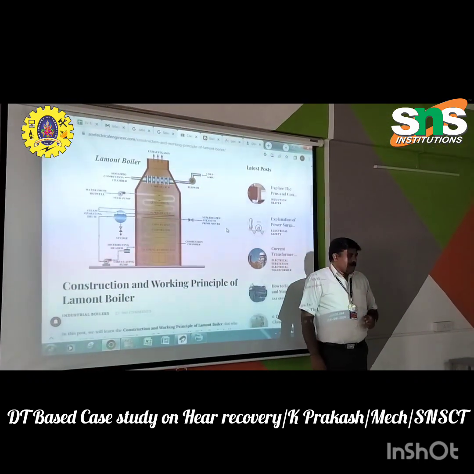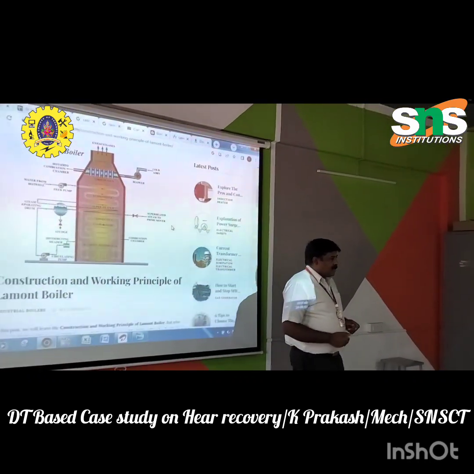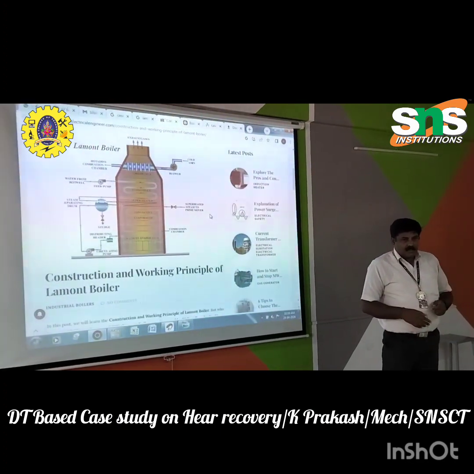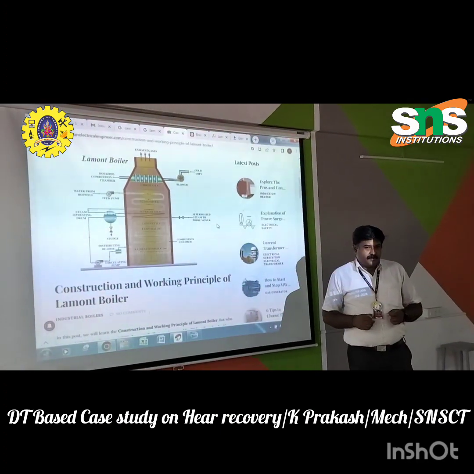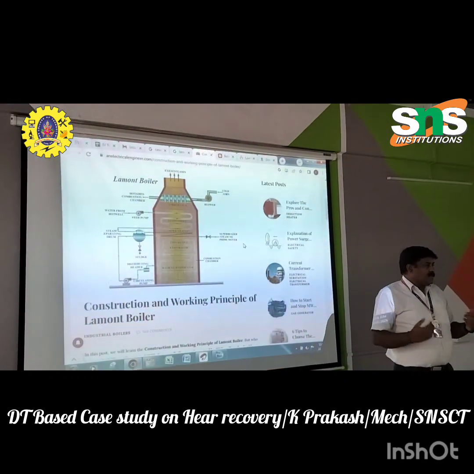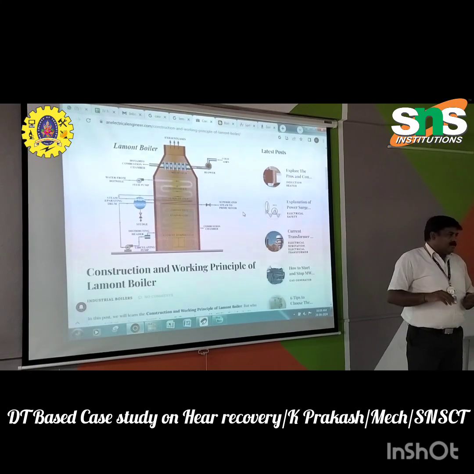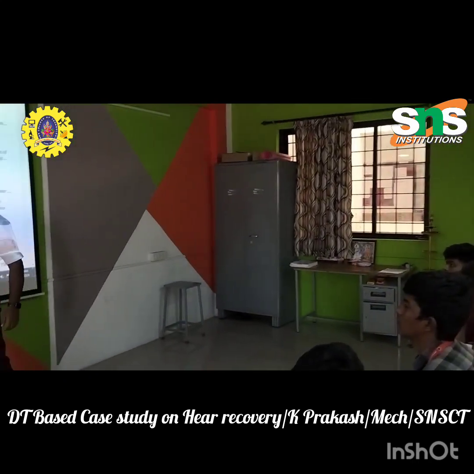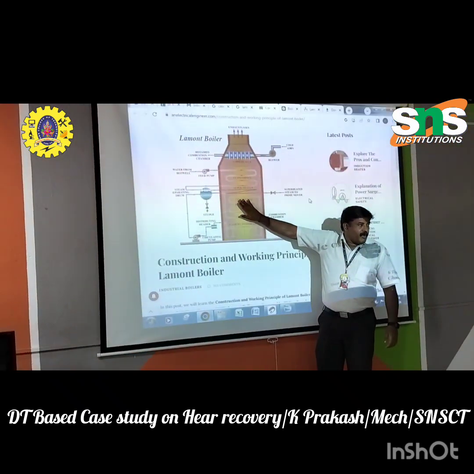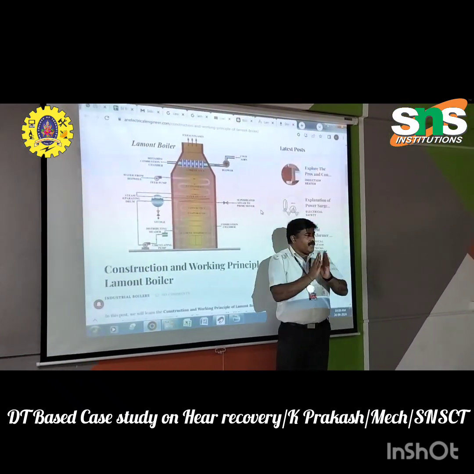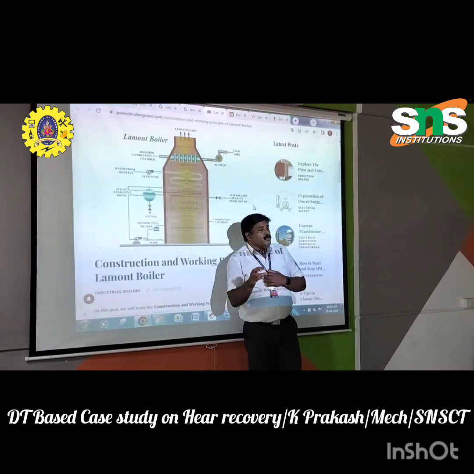How do we reuse this heat effectively? This is our problem statement. How to effectively reuse this heat without wasting? You told that some 65% is utilized and 35% of heat is going outside. That 35% of heat is wasted. How to reuse this 35%?